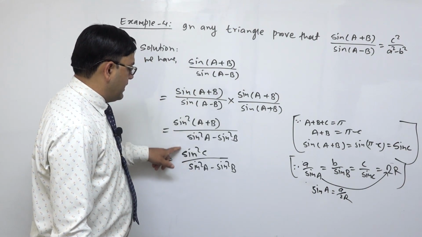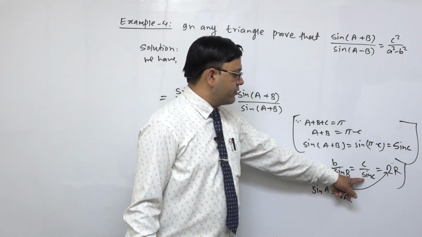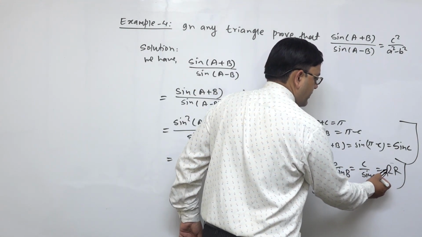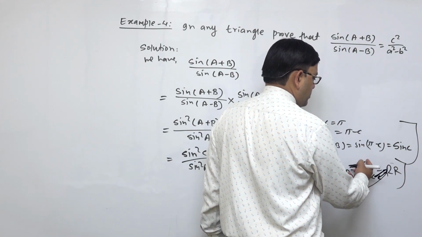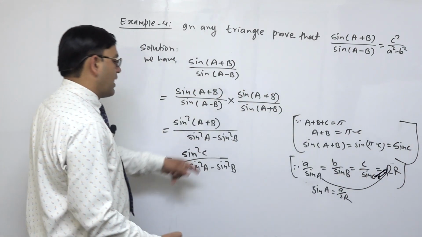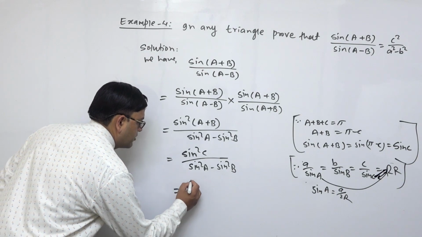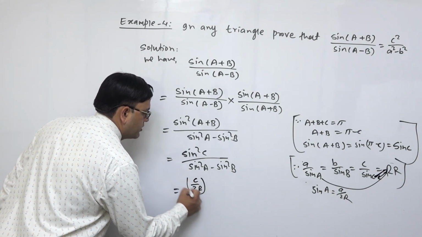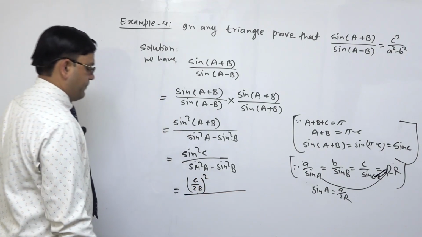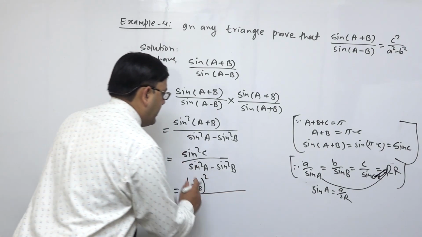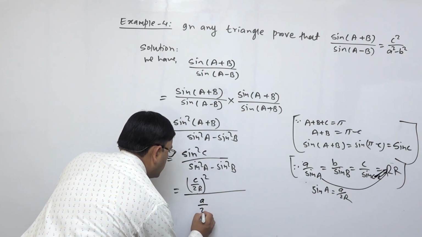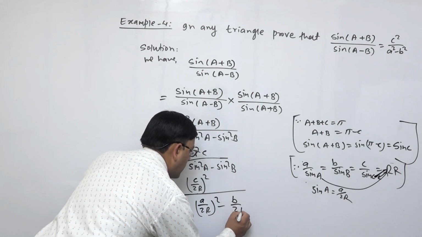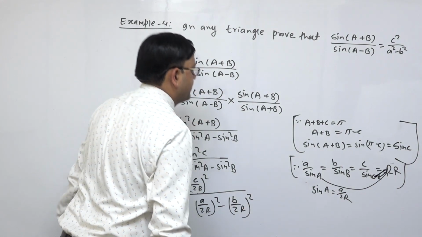Instead of sine C, sine C goes here and 2R comes here. So sine C is equal to c by 2R. So sine square C is c by 2R whole square, divided by sine square A is a by 2R whole square, minus b by 2R whole square.